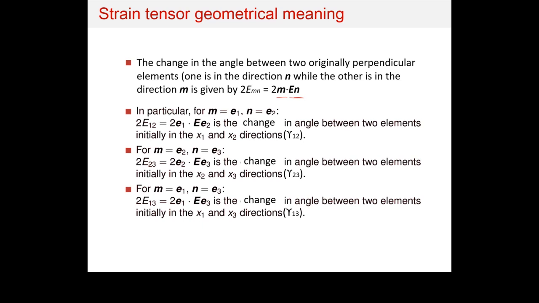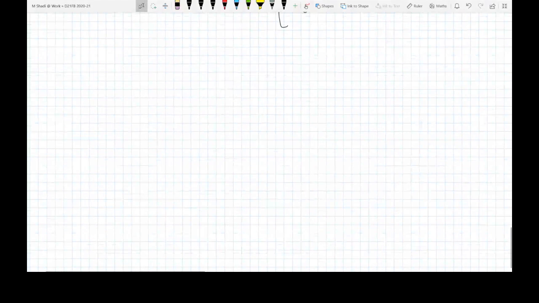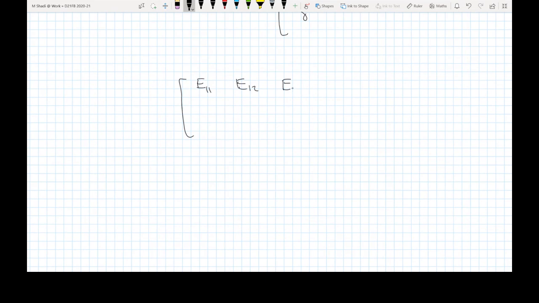So I'm just going to explain it in slightly more detail here. This is the strain tensor. It's going to be E11, E12, E13, E21, E22, E23, and E31, E32, and E33.